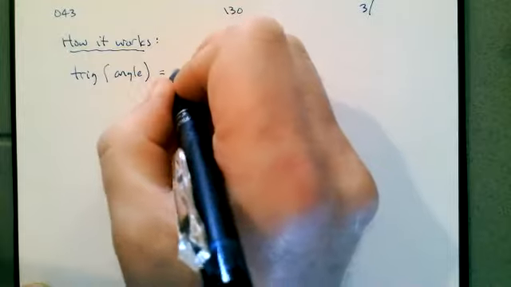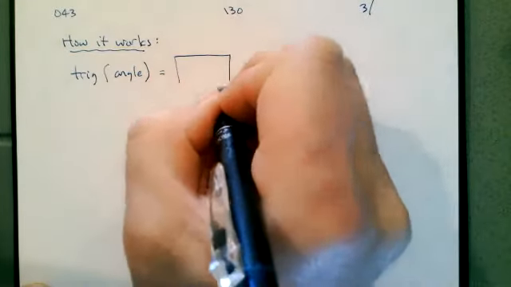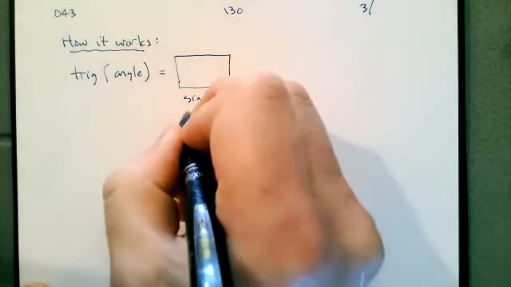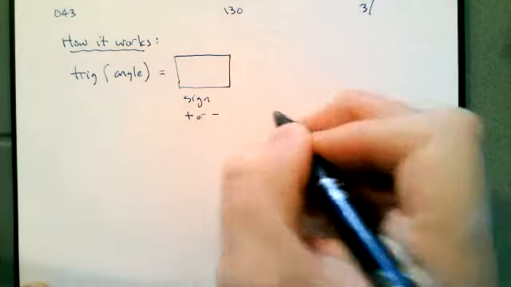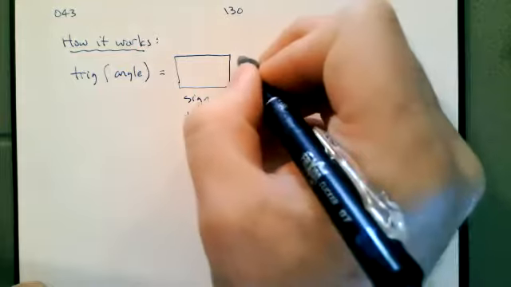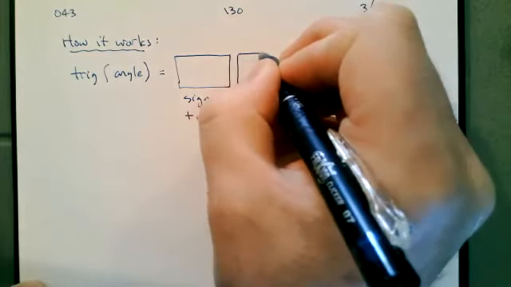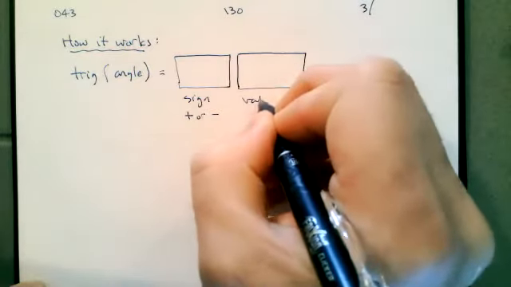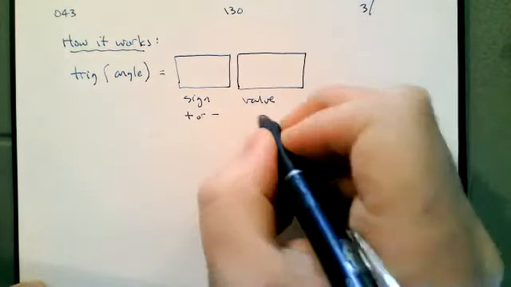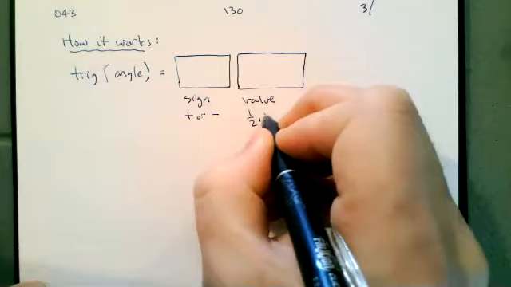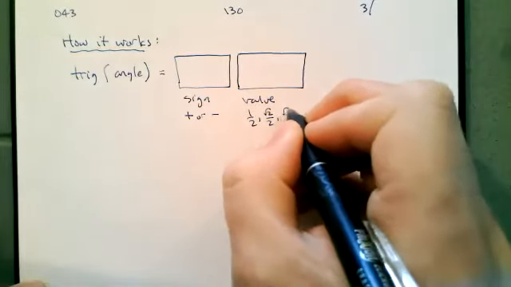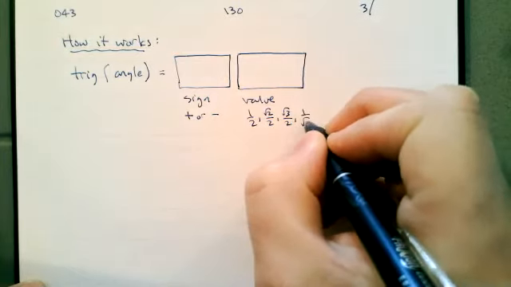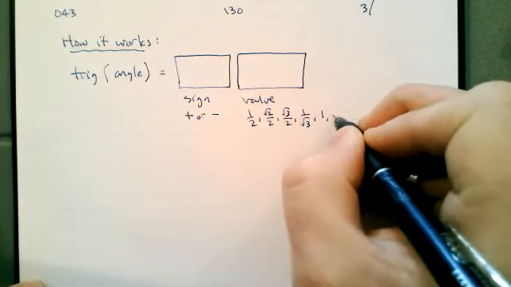We're going to fill in two boxes: a sign and then a value. And this will be 1/2, root 2 over 2, root 3 over 2, or 1 over root 3, a 1, or a square root of 3.